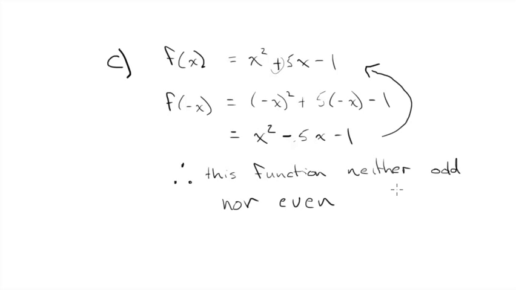Okay, so these three examples show you how you check for symmetry. Just substitute in negative x, and if you get back your original, even. If you get back your original with a negative in front of it, odd. And if you don't get back either, like it's not your original at all, it's neither even nor odd.